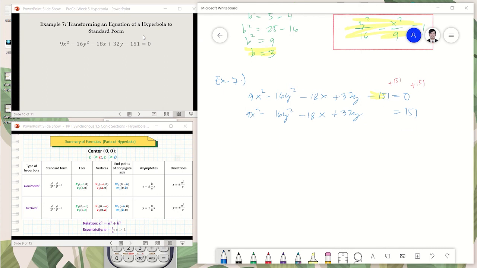Then next, do not mind the 151 yet. You have to factor this first. Your ultimate goal is to factor them using difference of two squares. And there are two variables involved, so you need to group together those terms with the same variable and enclose them in parentheses. So that would be 9x squared minus 18x plus negative 16y squared and then 32y.